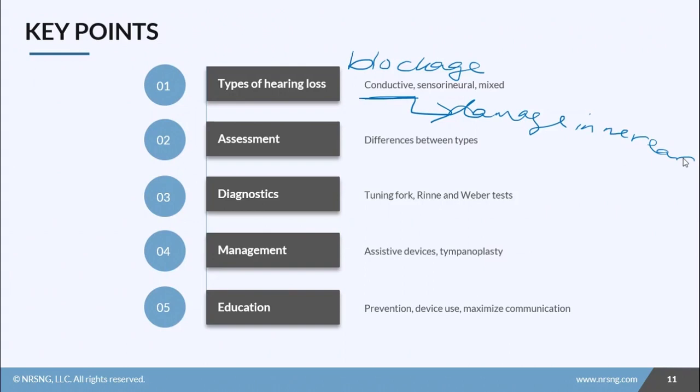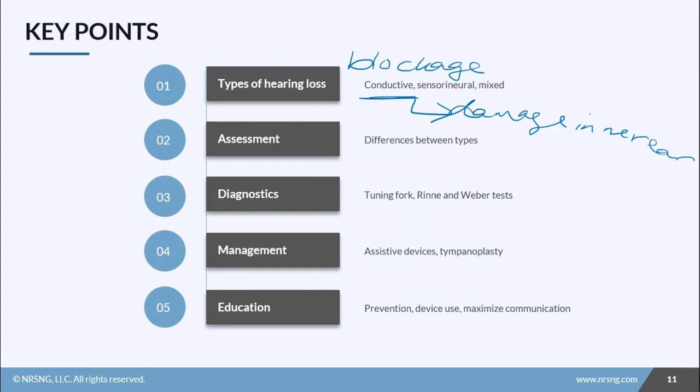There will be different assessment findings for each type of hearing loss, such as tinnitus for sensorineural, and then visual obstruction for conductive hearing loss. A tuning fork is a helpful diagnostic tool and helps us conduct the Rinne and Weber test, which help us differentiate between conductive and sensorineural hearing loss.